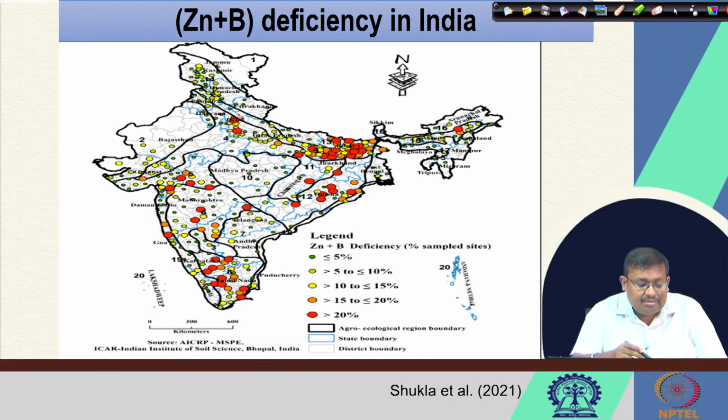And some parts of UP also we can see severe, that is more than 20% of zinc plus iron deficiencies. So, these two micronutrients produce the major deficiency of micronutrients in Indian condition.